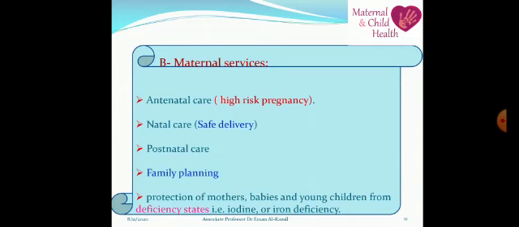It is important to provide health services for the mother before pregnancy to ensure that she has good health during pregnancy. Also, she should have services during delivery to ensure that she has a safe delivery, that there are no complications during delivery.